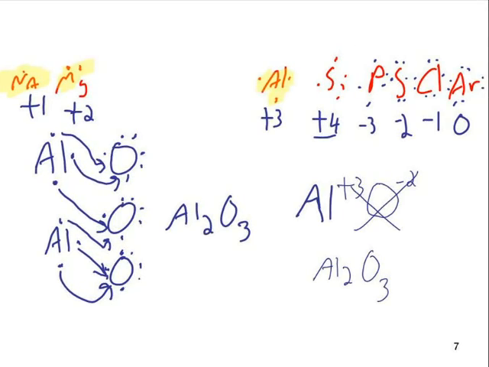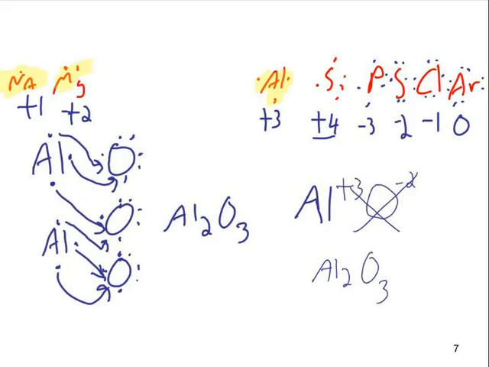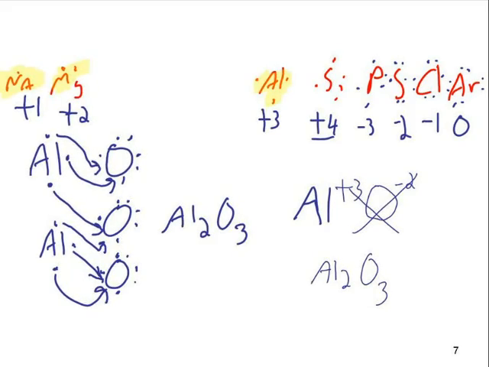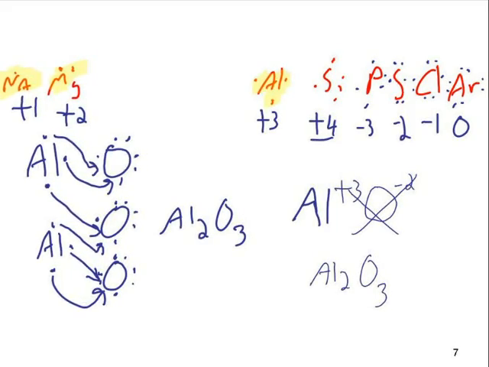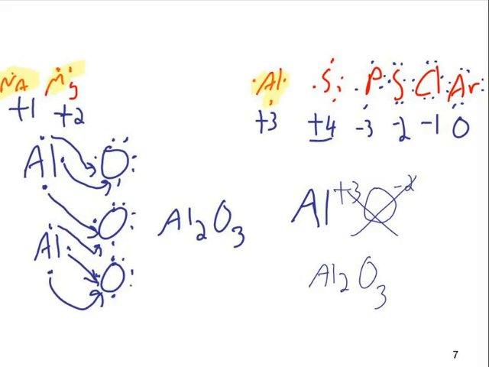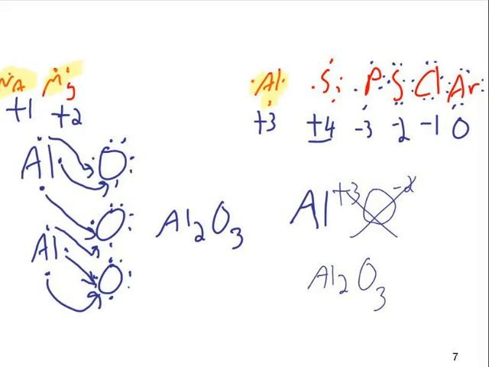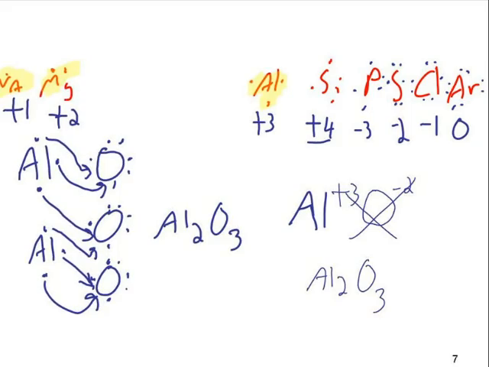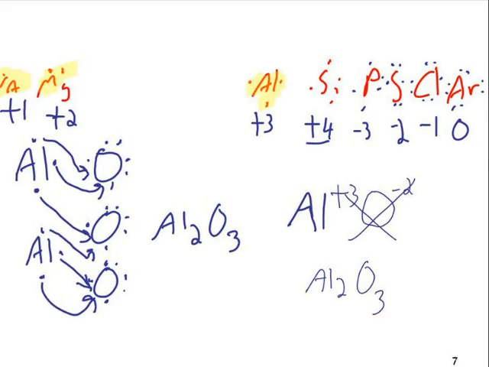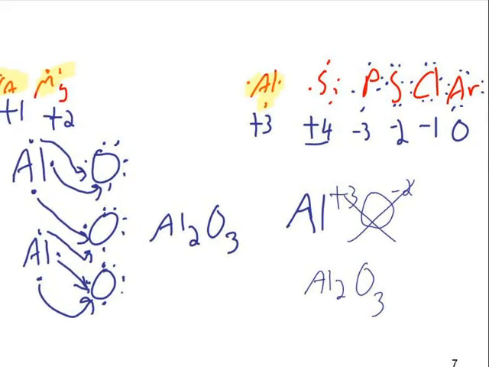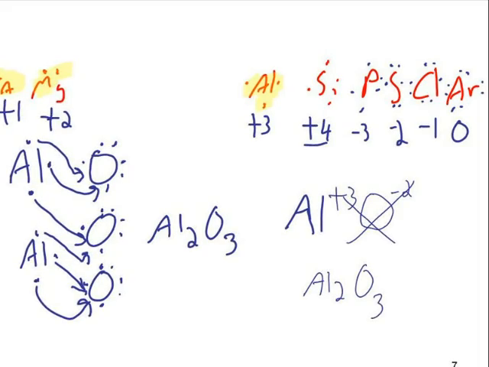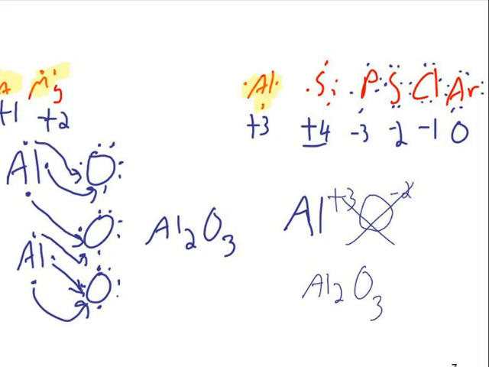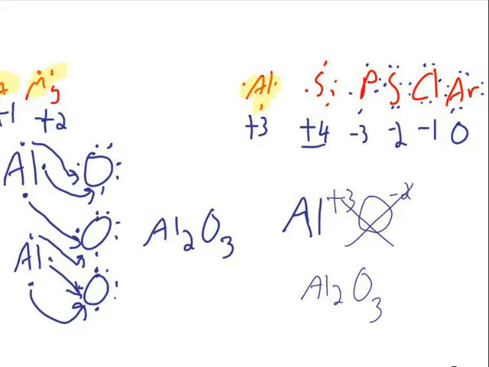So aluminum oxide: aluminum has 3 dots, and oxygen has 6 dots. Okay? So aluminum wants to lose 3, but oxygen wants to gain 2. If aluminum loses 2 and oxygen gains 2, oxygen would be stable, satisfied, happy, but the aluminum wouldn't be.